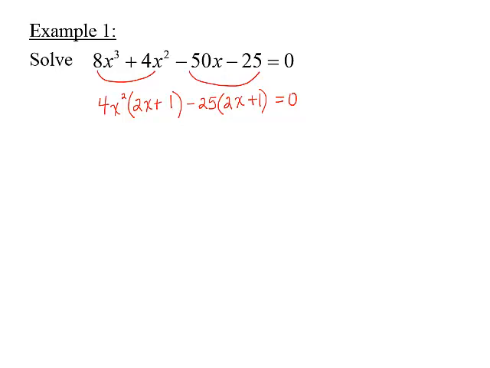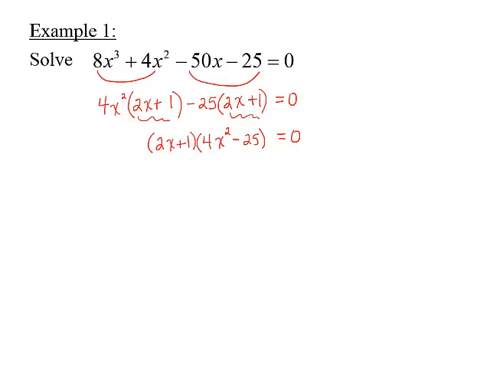So now notice that we have a common binomial, this 2x plus 1, that we can factor from these two terms. We get 2x plus 1 times 4x squared minus 25 equals 0. 2x plus 1 is a linear term.